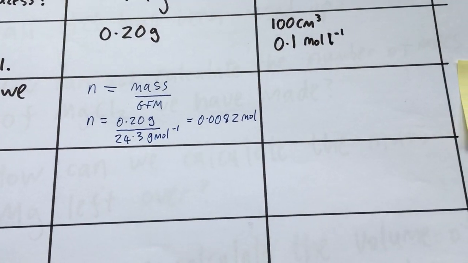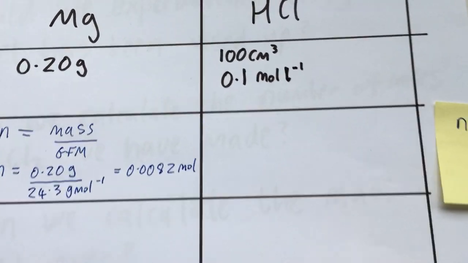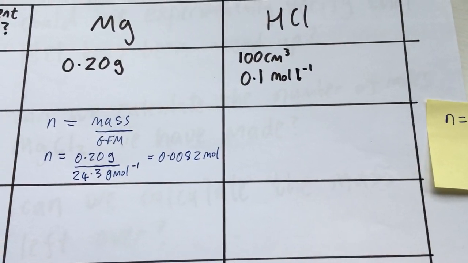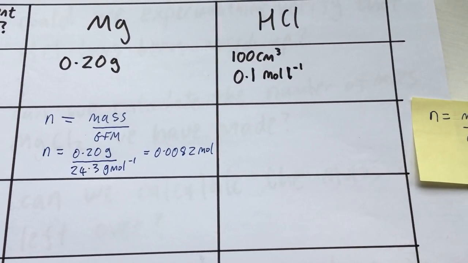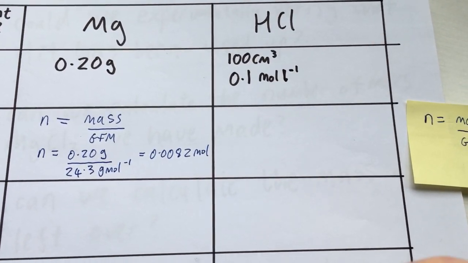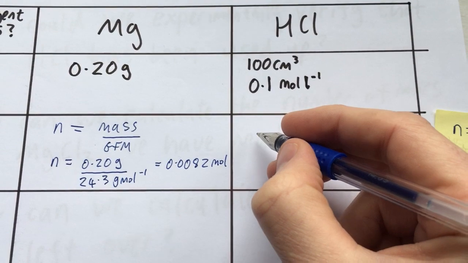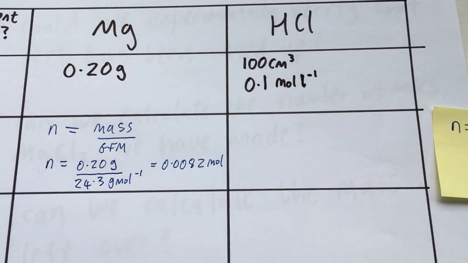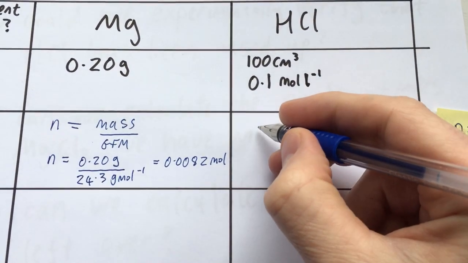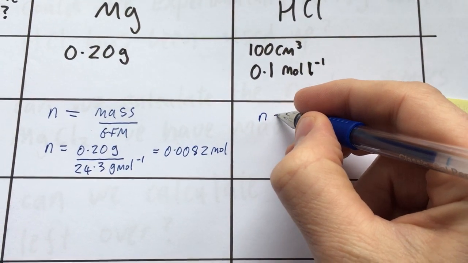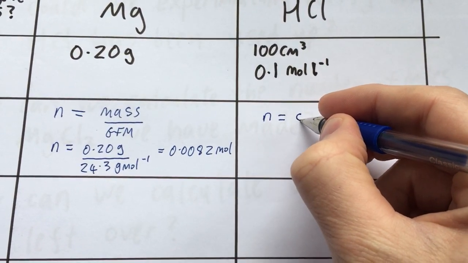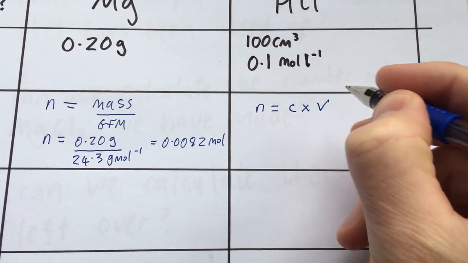moles. Okay, and then moving over here, we're going to calculate the number of moles of the hydrochloric acid. Here we're given a concentration and a volume, so we're going to use the other equation. Number of moles is concentration times volume.